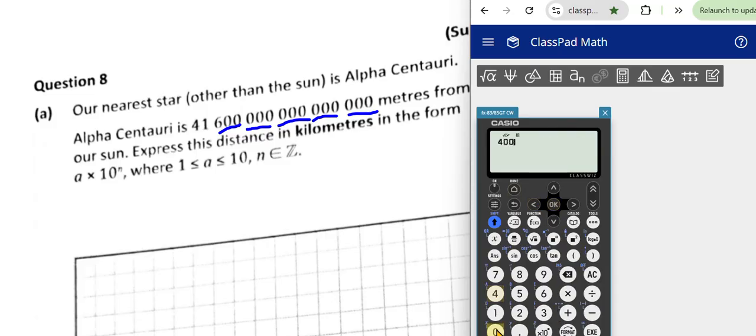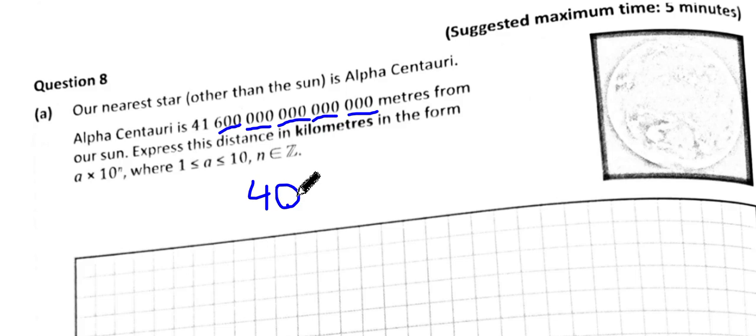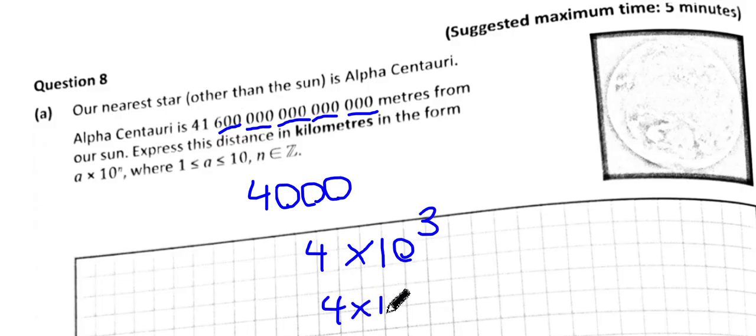I'm just going to put the number 4000 in. And then I'm going to press format. And I wonder, does eng notation do it? Oh, eng notation does it. Do you see the 4 by 10 to the power 3? 4000 is exactly the same as 4 by 10 to the power 3. And you know what 4 by 10 to the power 3 means? 4 multiplied by 10 3 times.